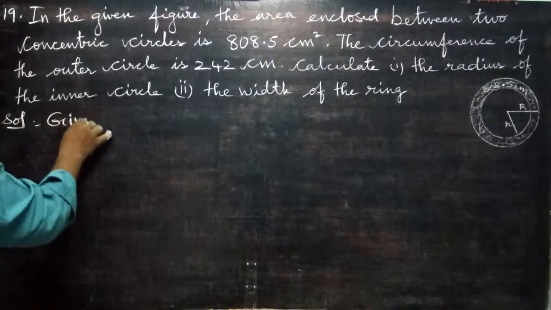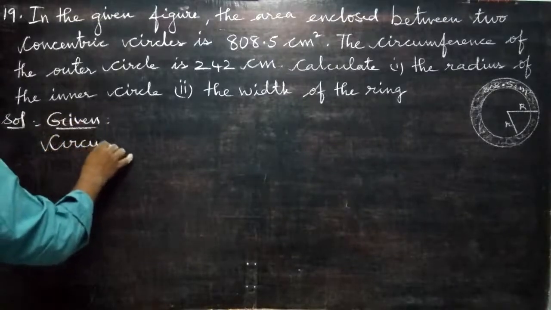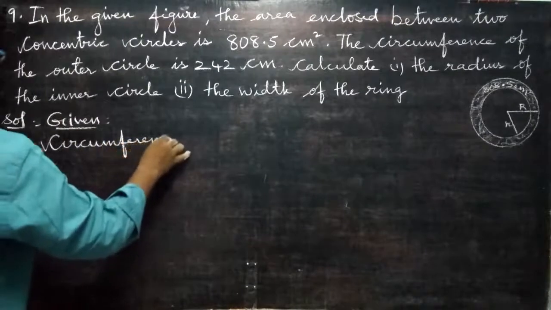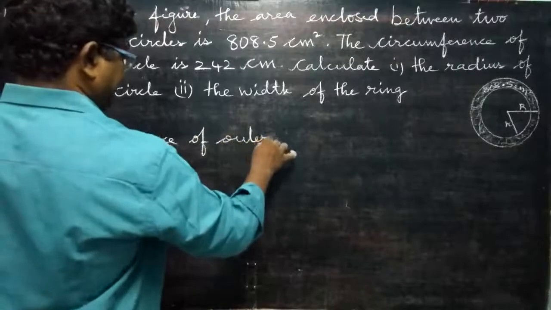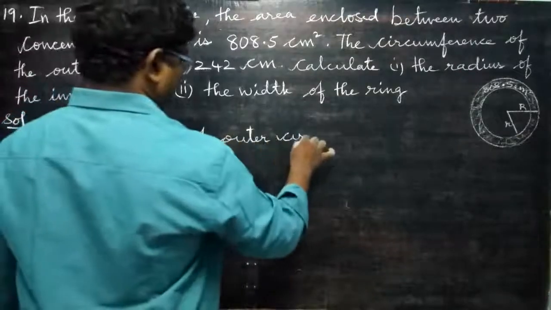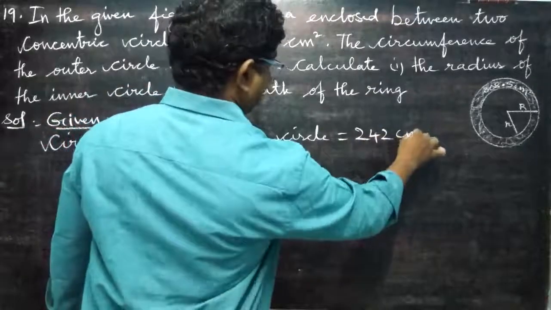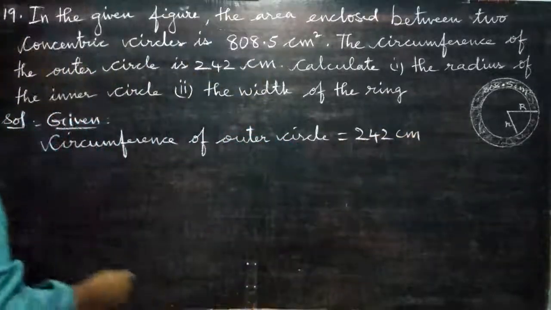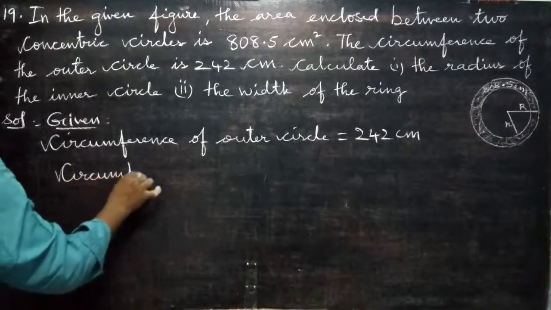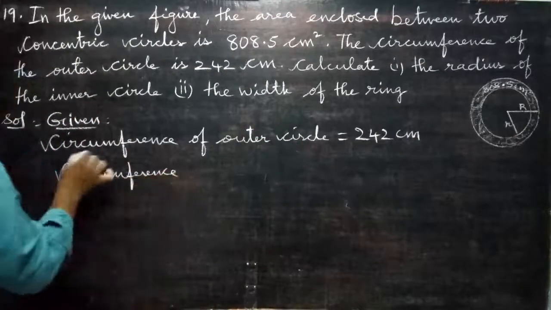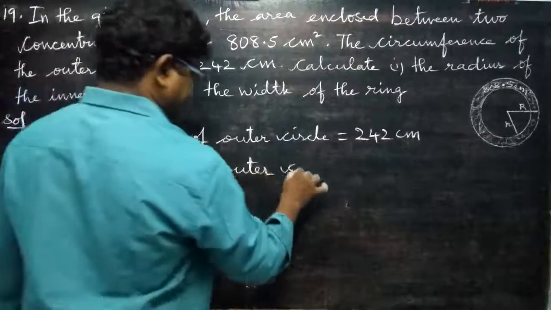Given. First what you are going to find means circumference of outer circle is equal to 242 centimeters. Now, what is the formula for circumference of outer circle?